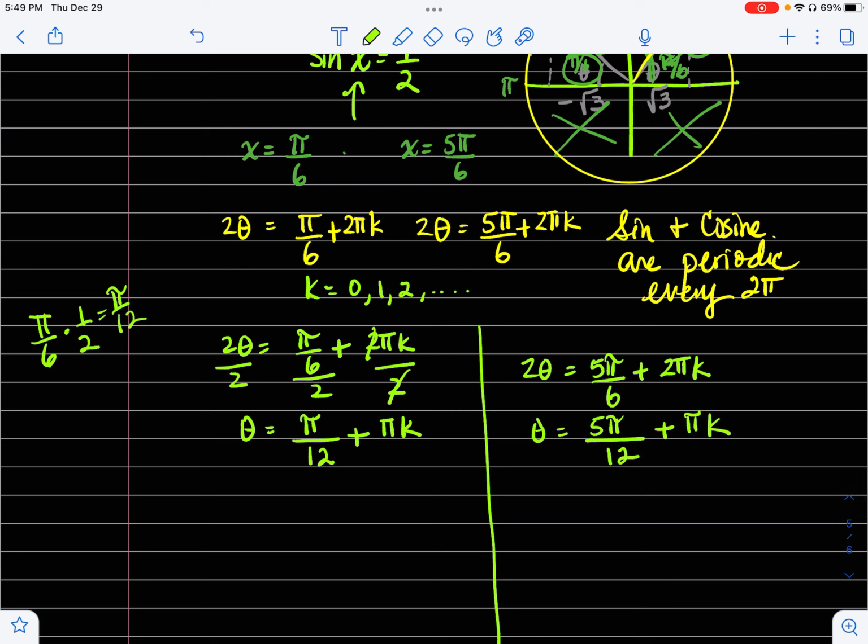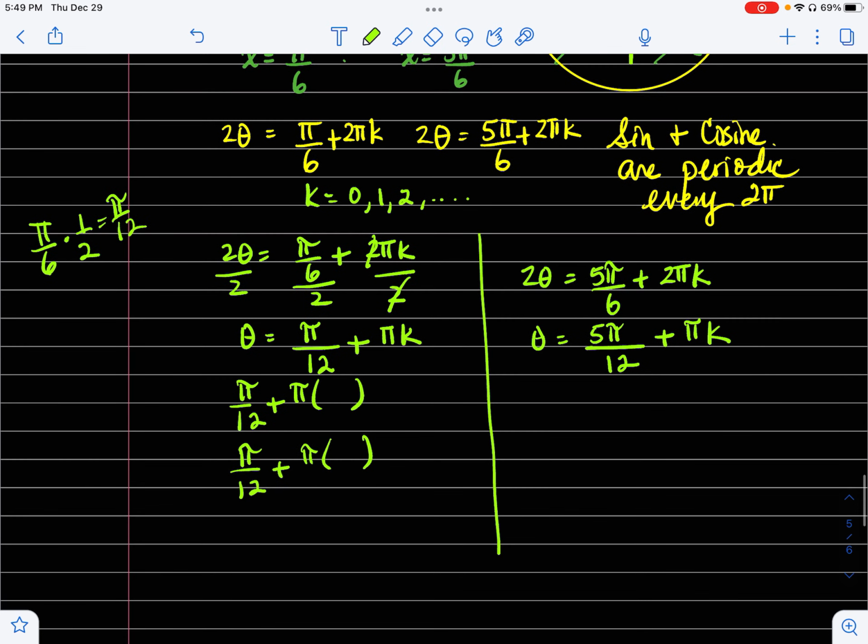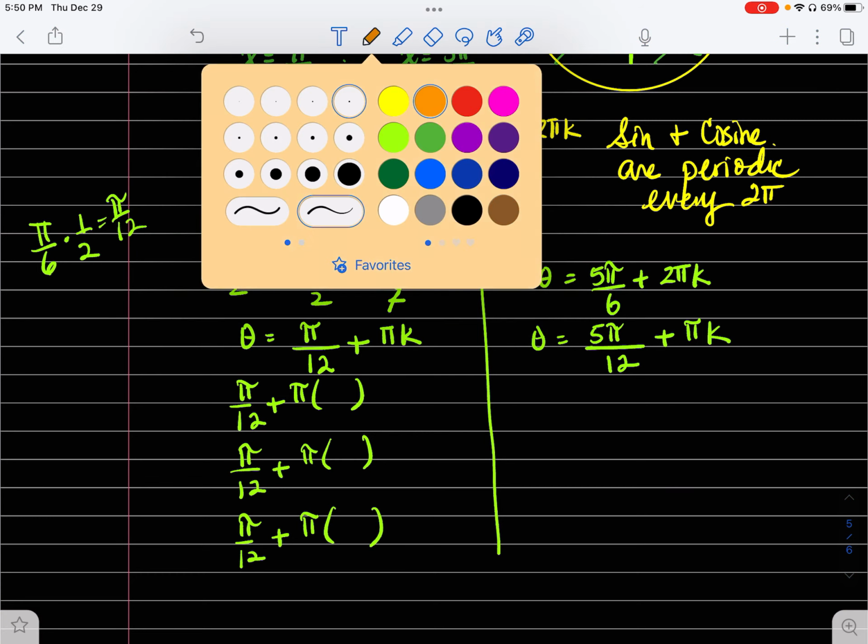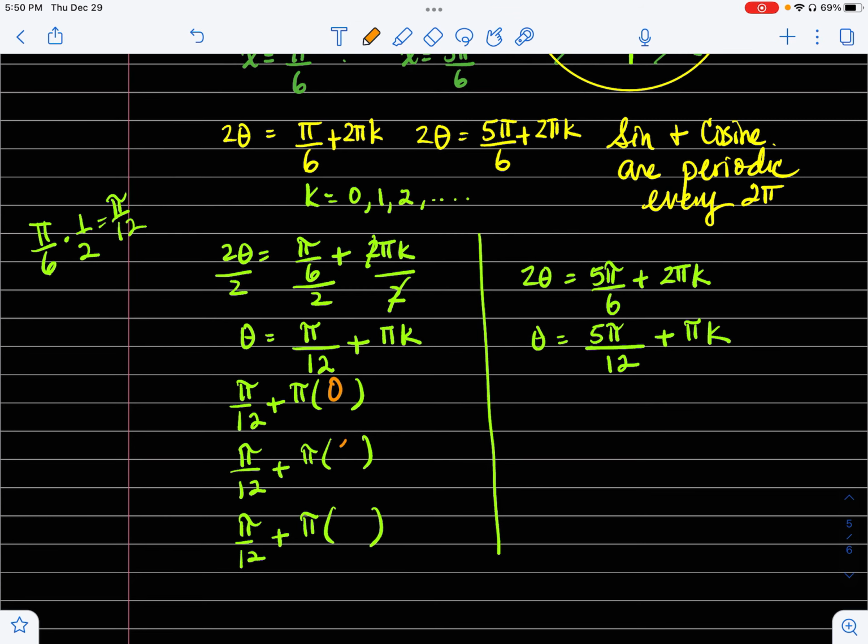And now let's start substituting. Pi over 12 plus pi times k. I'm going to do 0, 1, 2 so far, and let's see how far that gets us, because we want to make sure we stay within range. So 0 for k value, 1 for k value, 2 for k value. Let's see what that equals.